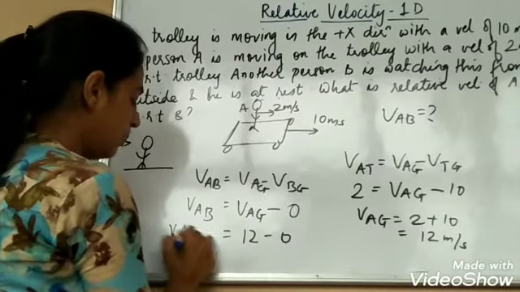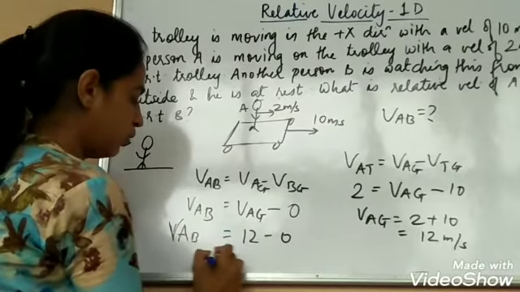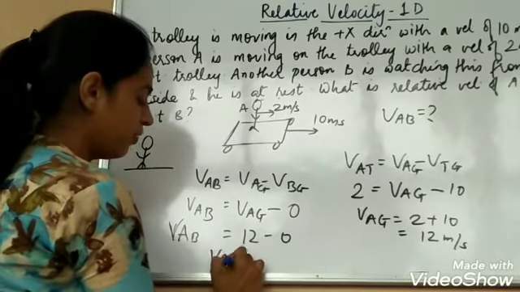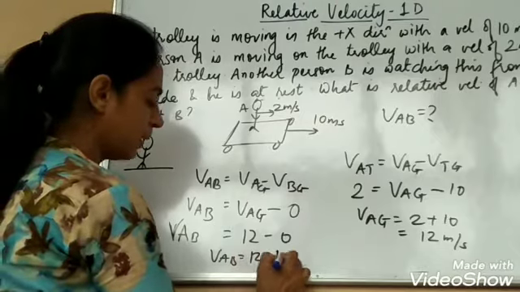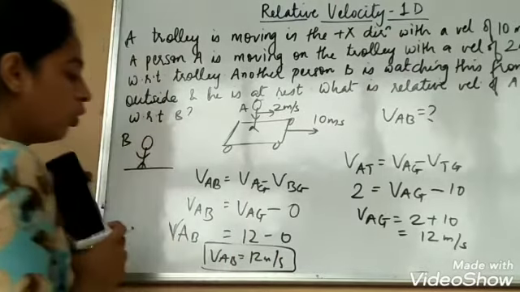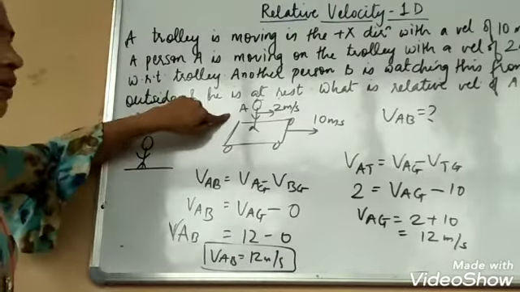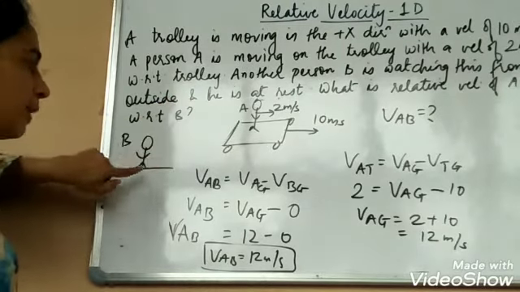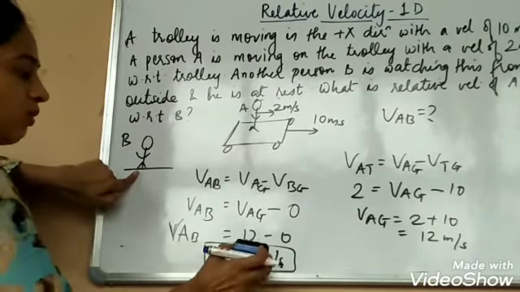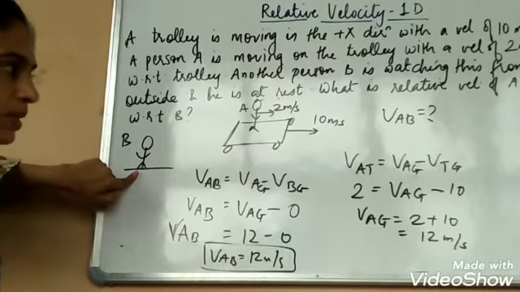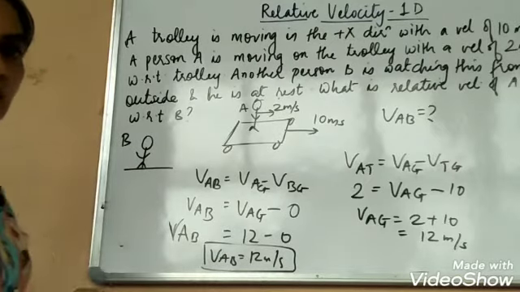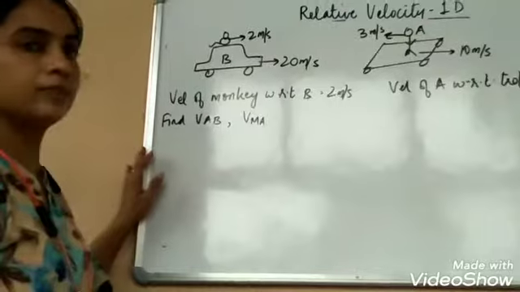So VAB, velocity of A with respect to B, is 12 meter per second. So see, though A is moving with 2 meter per second, B sees him as moving with a velocity of 12 meter per second. So this is relative velocity. Let's take the next question.